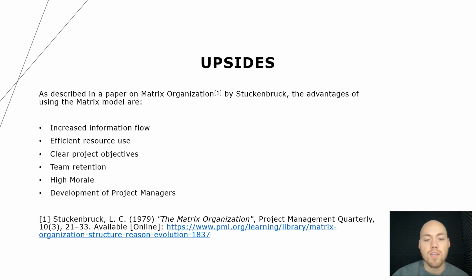Fourthly, the matrix organizational method has the advantage of better team retention. According to Stuckenbrook, when using the matrix, teams are kept together even though projects will come and go. This provides better team cohesion and more efficient use of the technology. The fifth advantage of this method is that it provides boosted team morale by implementing several practices.